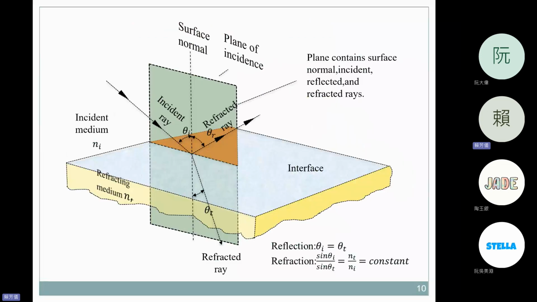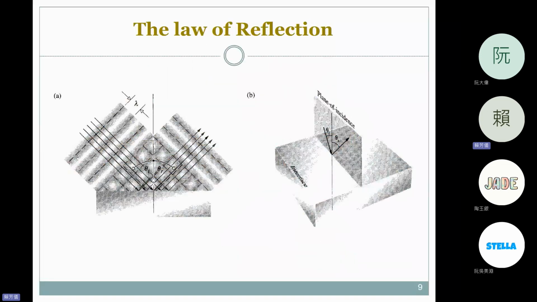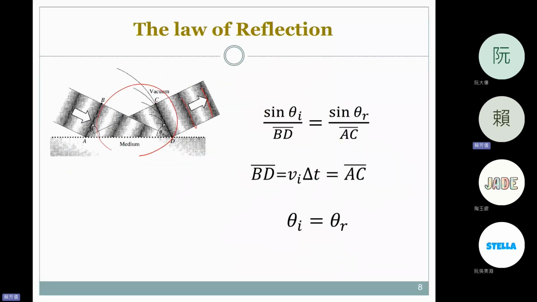Although this was constructed by the wave structure, he finally used geometry to help him explain that the incident angle is equal to the reflection angle. And what is the incident angle?